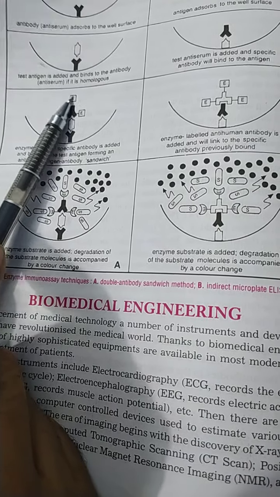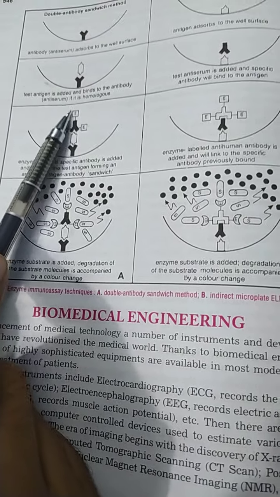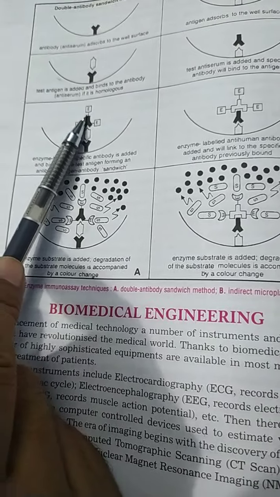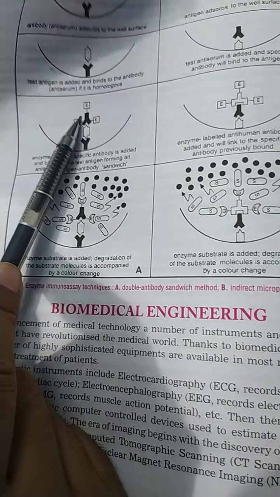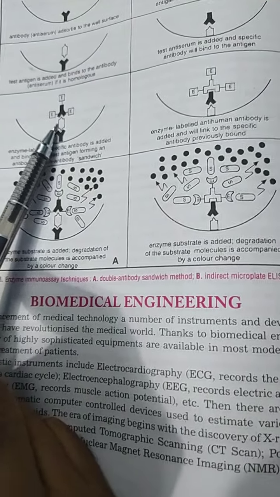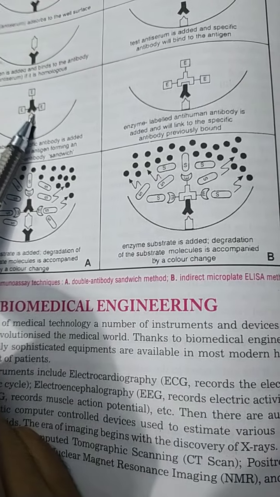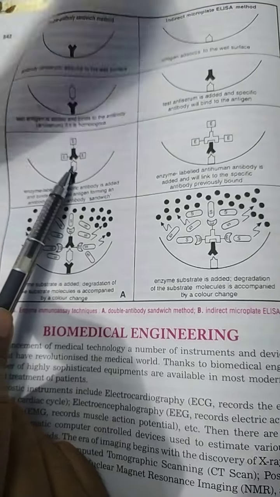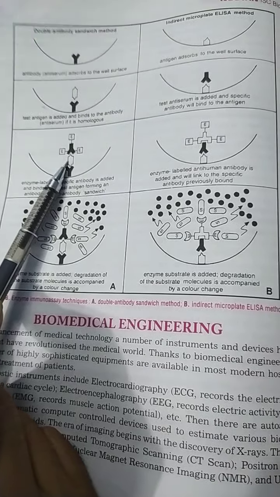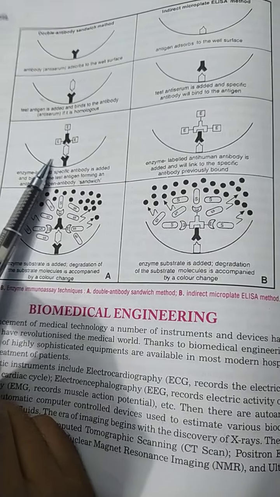The reaction of the antibodies with the enzymes also depends upon how much test antigen is found. The enzyme activity may be followed by a color change.